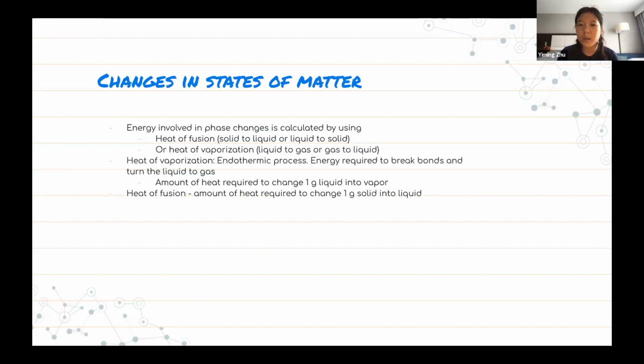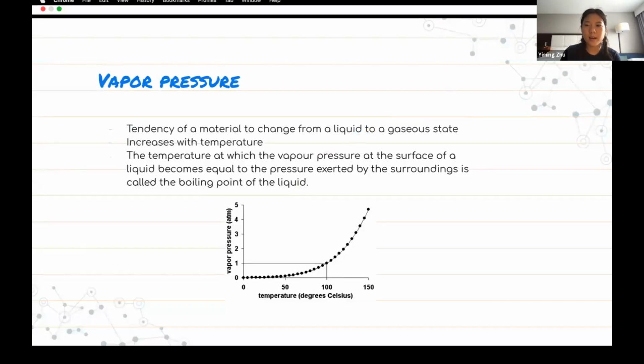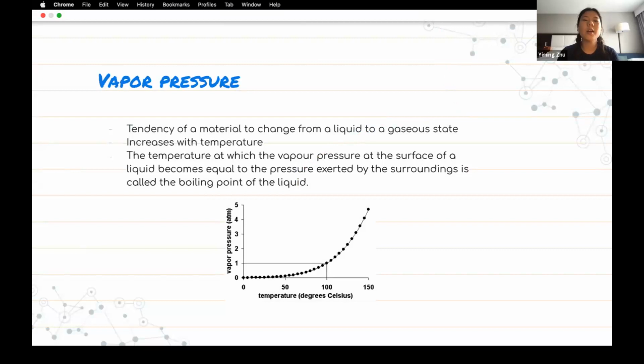Vaporization is a pretty similar concept, except it's between liquids and gases. So if you have 1 gram of a liquid, it would be how much heat is required to change that into a gas.